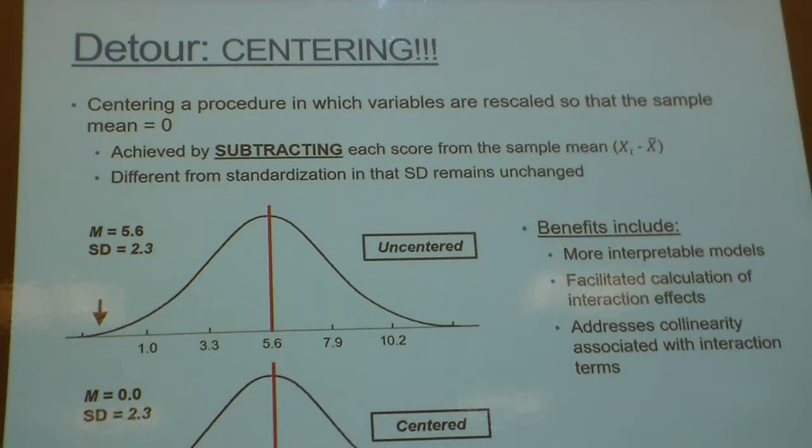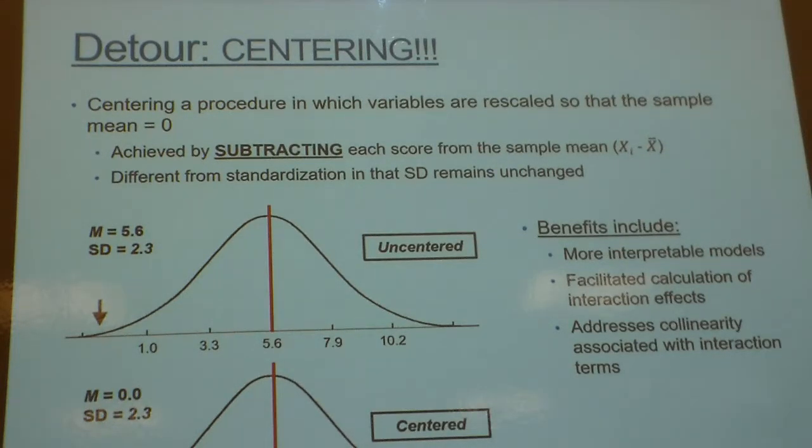It helps us calculate our interactive effects, right? Having 0 in the mix is nice, because when things are held equal to 0, what happens to them if we're multiplying anything? They disappear and go away, right? And it also starts to address our collinearity with our interaction terms, right? Because if I'm looking at the impact of x1, x2, and the interaction of x1 and x2 on my outcome, and I create a product term of x1 and x2, what can happen is x1 and x2 start to be very, very highly correlated with the product term.